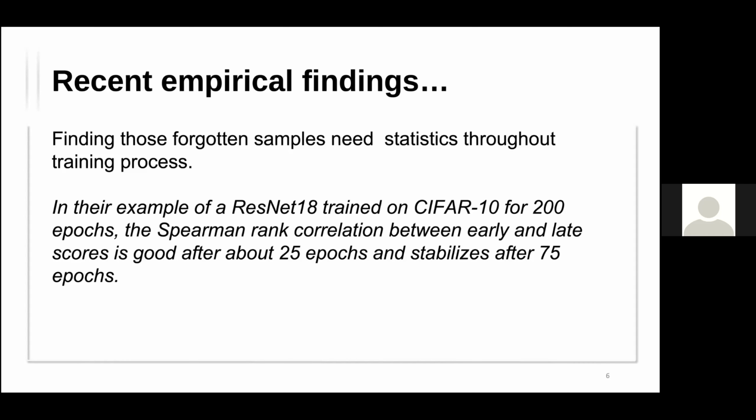So this is about the efficiency problem, because the paper we are going to present today wanted to answer how early in the training process we can identify them. But in this empirical study, they need 200 epochs, right? But the point is that we are still not clear how they calculate the forgotten score, right?